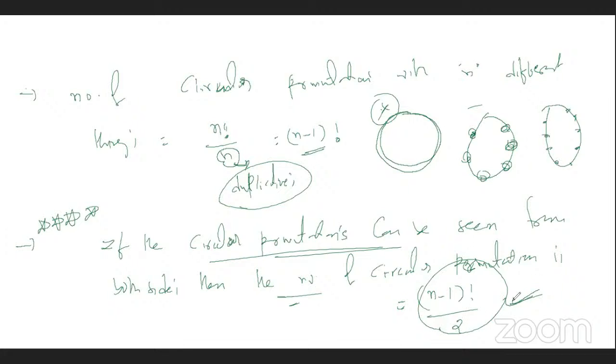Is this clear? If you want, see an example. Suppose a circular permutation ABCD. Seeing this from the front, it appears like ABCD. How does it appear observing from the back side? ADCB. Is it right? Reverse direction.